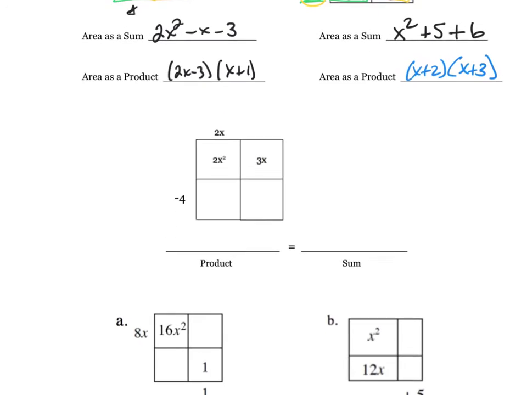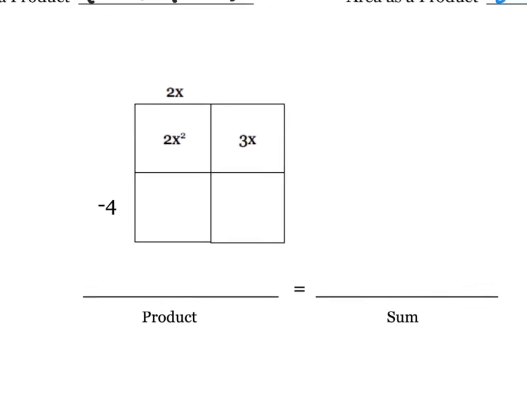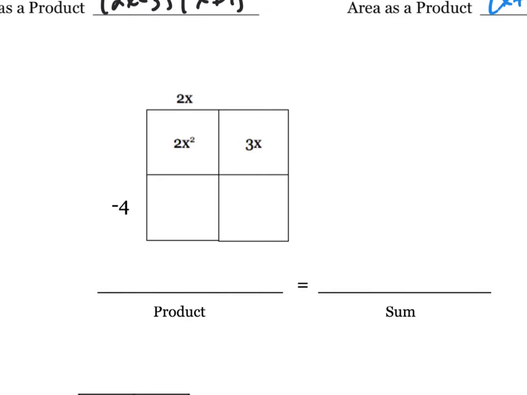Our next example, right here, I've given you some of the inside and some of the outside. So again, I'd start with the x squared box. What did they multiply 2x by to get 2x squared? Well, that would just be x. Then you could ask, well, how did they get 3x? This must have been a 3.